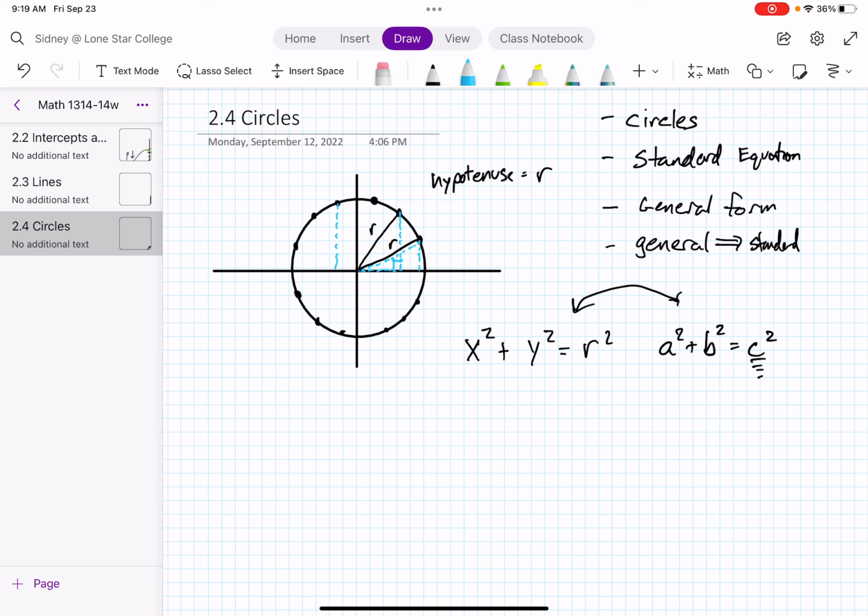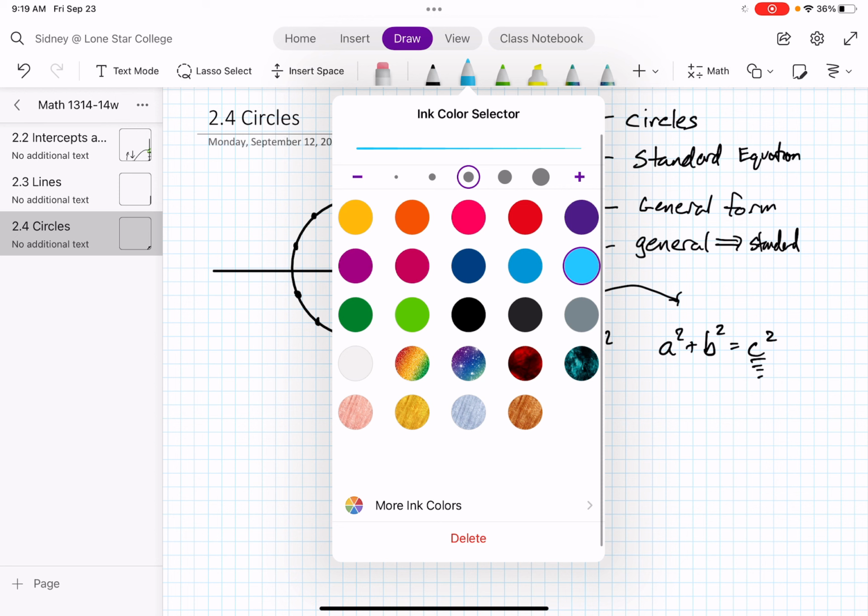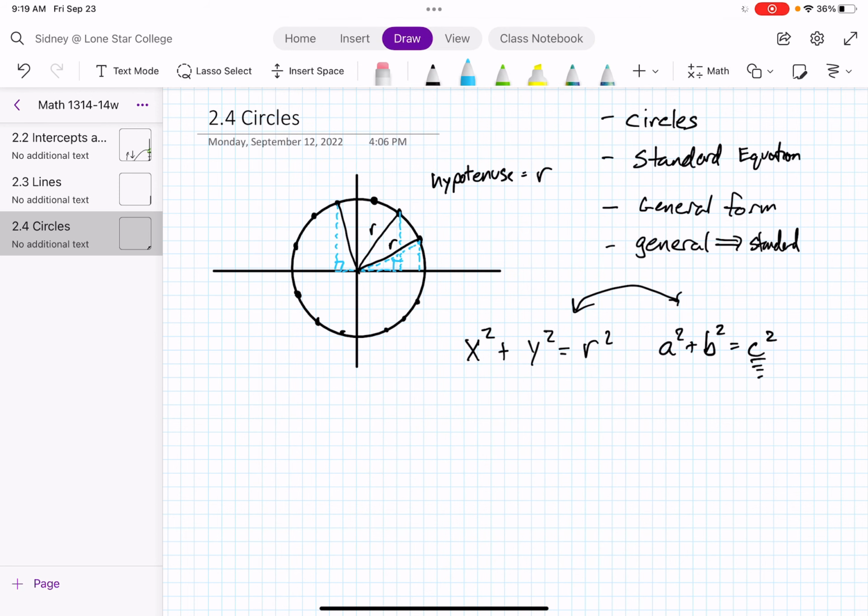So I could do that right there and have the same radius as the hypotenuse. I could do this one right here. And what you'll notice is that all of these have a radius that is the exact same.